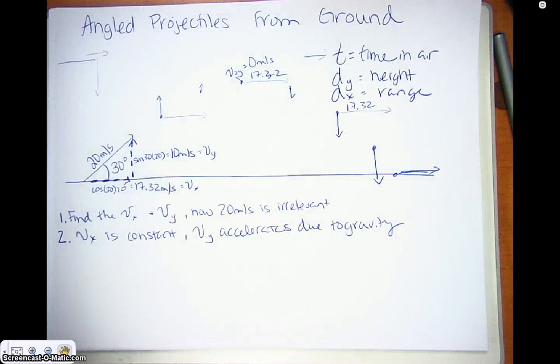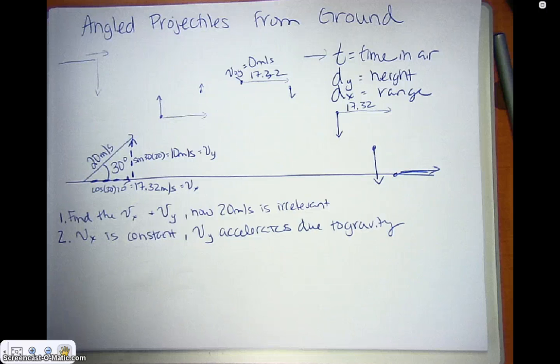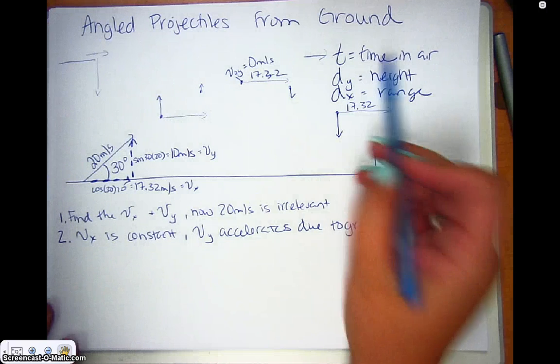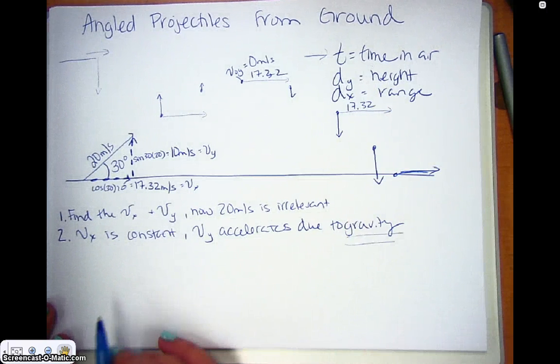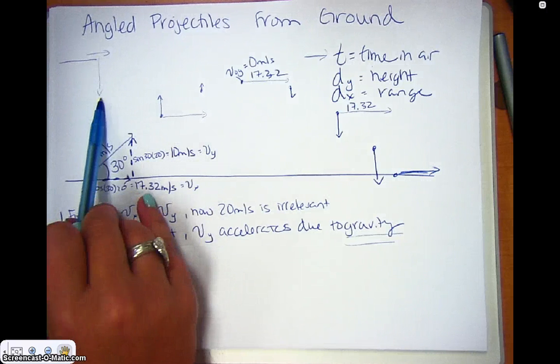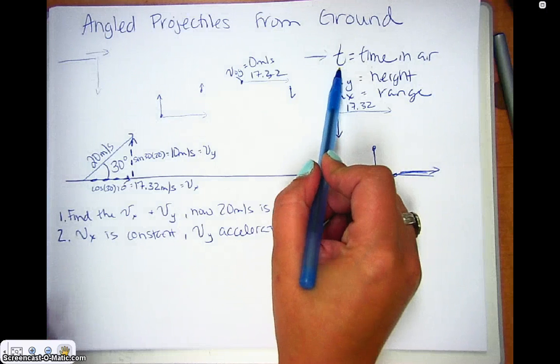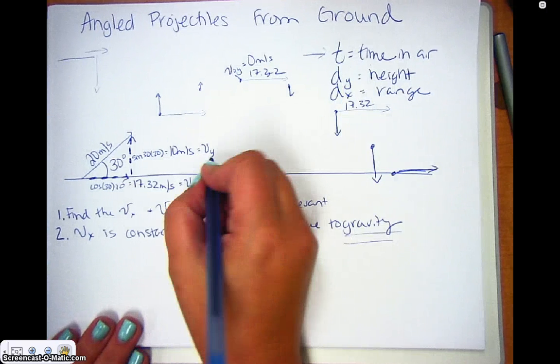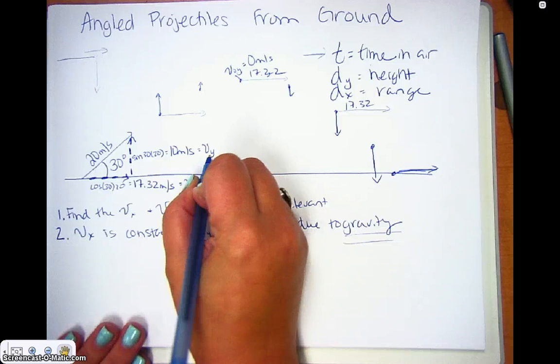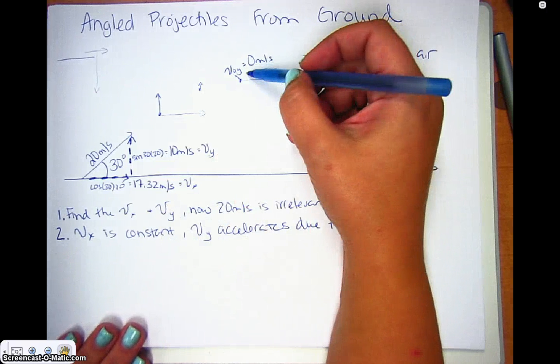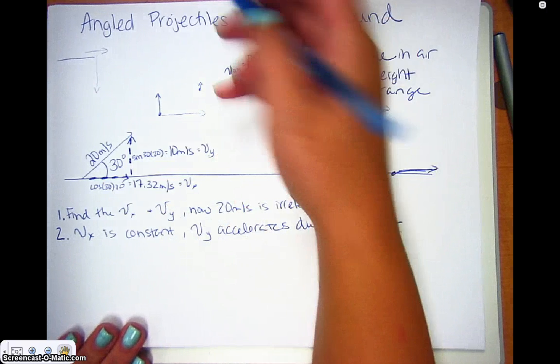Time, remember, is linked between both the x and the y component, and time is dependent on gravity. So just like we treated the last one like a dropping problem, let's treat this like a tossing a ball up in the air problem. Here I've got my v initial in the y direction, and up here I could call this my v final.